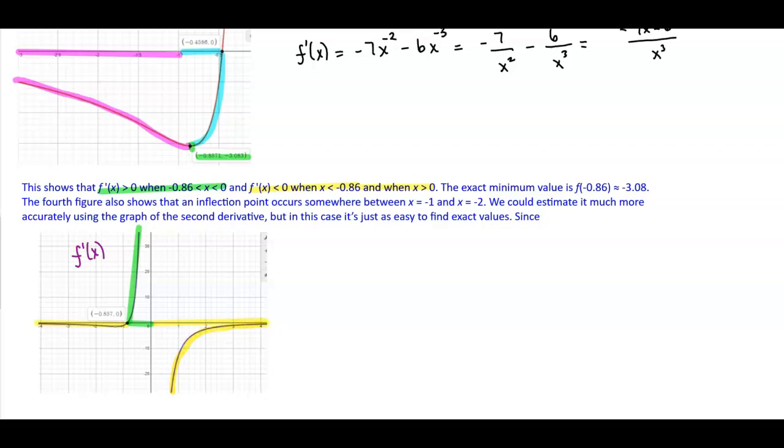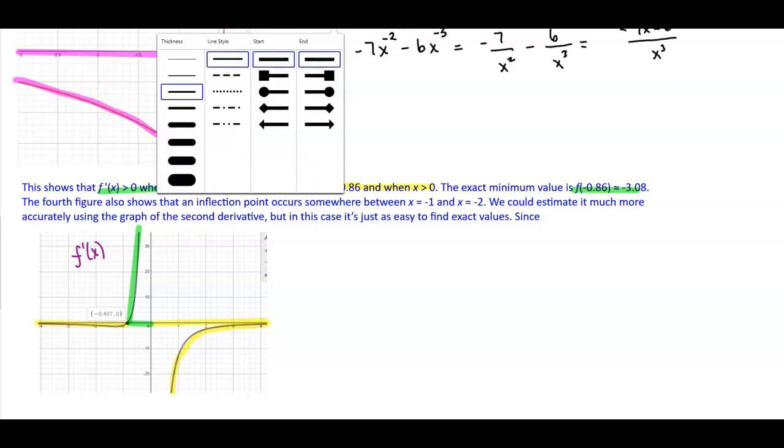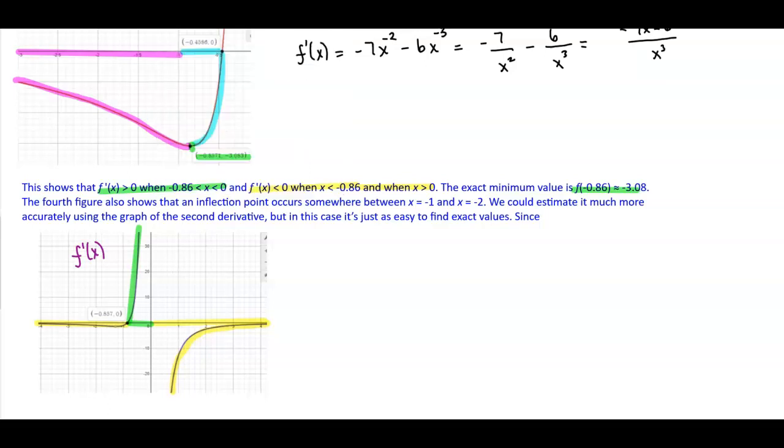Okay, now what is the exact minimum value? Well, the exact minimum value is located at -0.86 with an output of -3.08, which on the function there is our exact minimum value.